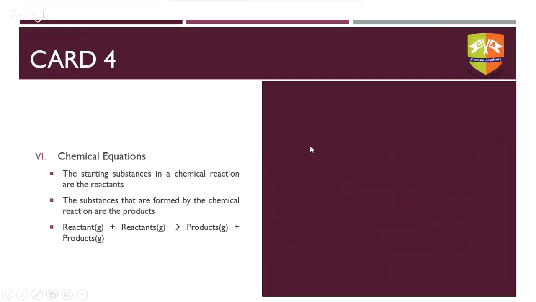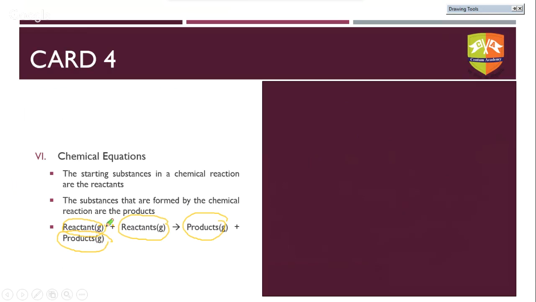Whenever we write a chemical equation, the starting substances, as I mentioned, are reactants, and the end substances are products. When we write these chemical equations, you'll realize that either a single reactant or multiple reactants are separated by an arrow to give a single product or multiple products.